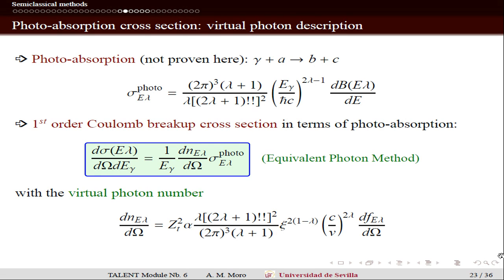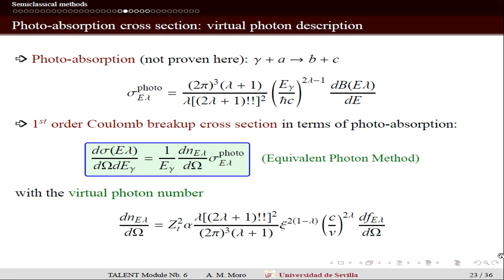So imagine a single photon that hits a nucleus and produces an excitation such that the system is broken up. So this is the process that we are describing. This photoabsorption process is not the process that we are discussing.